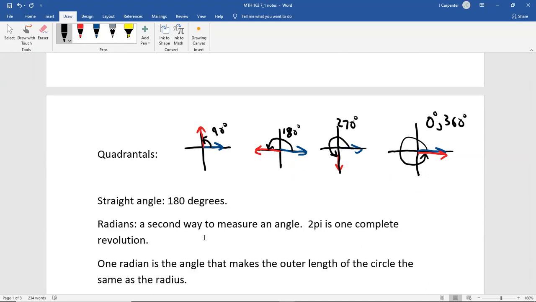Okay, so a degree is one way of measuring an angle, and it is generally most students' favorite version of measuring an angle. But it's not the only way to measure an angle. And in fact, sometimes we can't use it. There are times when you can use degrees, but there's also times when you can't.